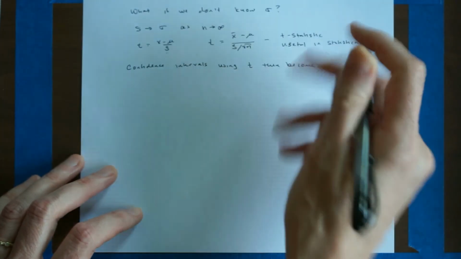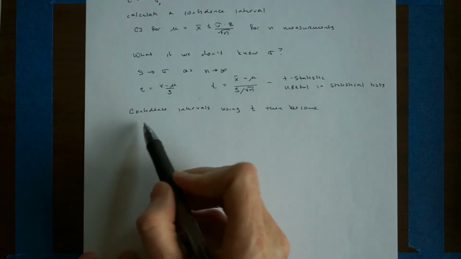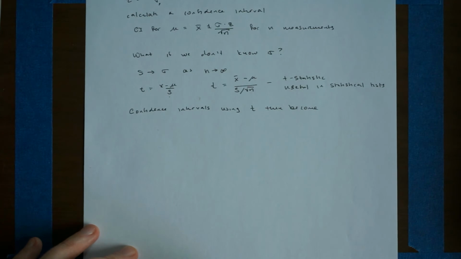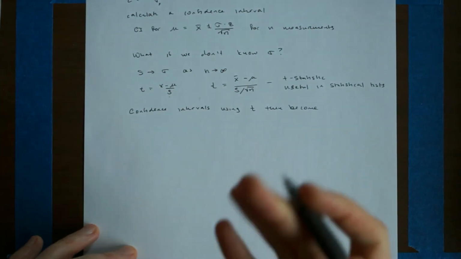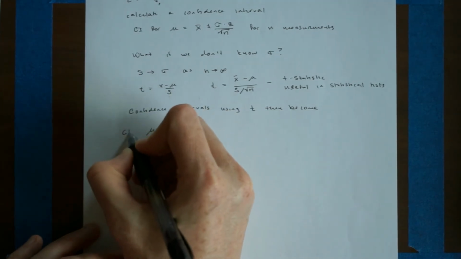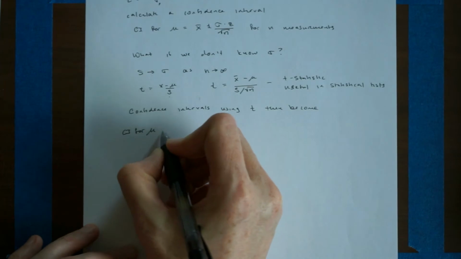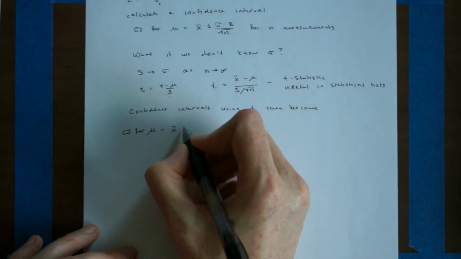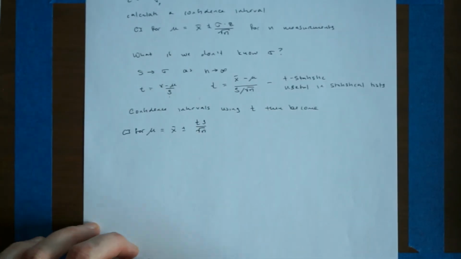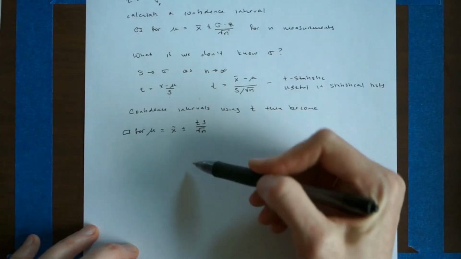So confidence intervals using t then look very similar to what we did using z, except that instead of sigma, we're going to use s, and instead of z, we're going to use this t statistic. So we can write the confidence interval for mu equals the average value we observed plus or minus t s over square root of n. And so the functional form of this looks very similar.